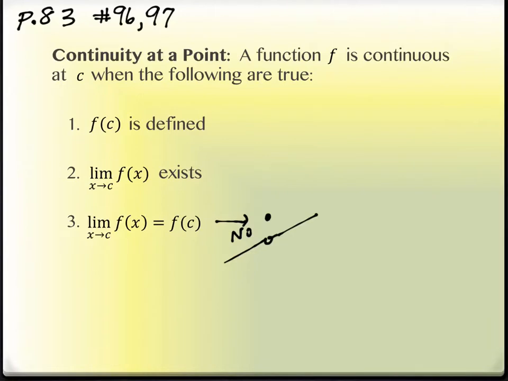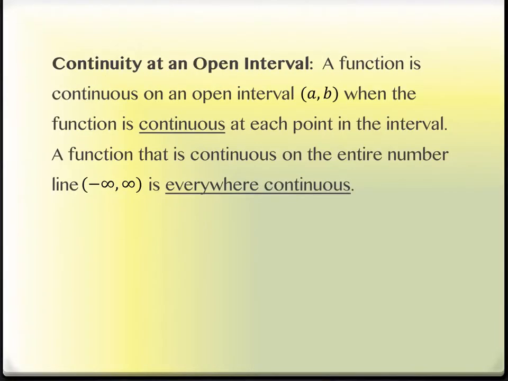The point c. This is talking about continuity on an interval. A function is continuous on an open interval when it's continuous at every point in the interval. That seems reasonable. A function that's continuous on the entire number line, from negative infinity to infinity, is called continuous everywhere.